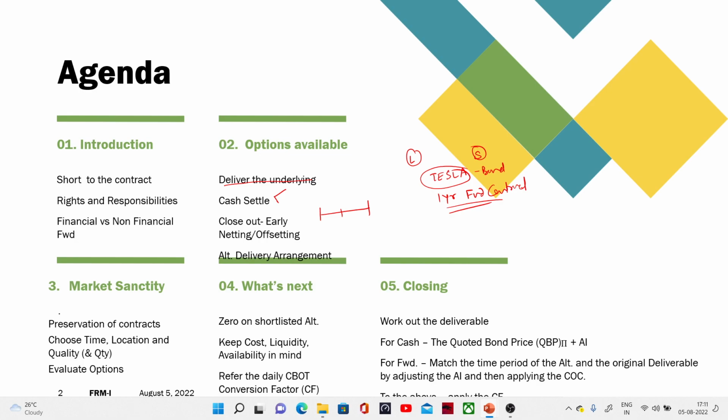and obviously such kinds of contracts will not come into being. So to preserve the sanctity of the market, there are certain flexibilities that are granted to the short to the contract. The short may choose the time, the location, and the quality of the underlying delivery.